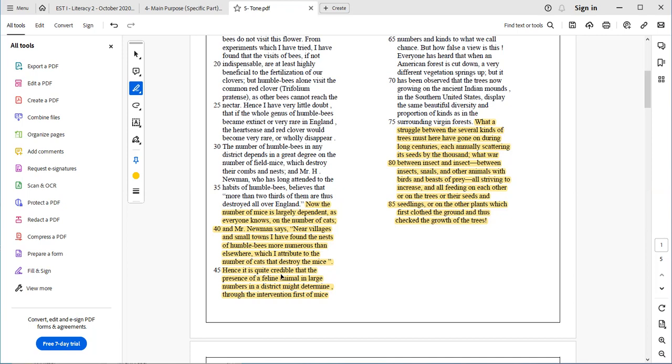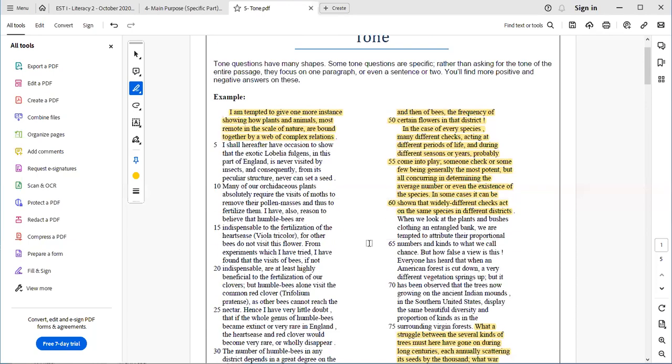Hence, it's quite credible that the presence of a feline animal, meaning the cats, in large number in a district might determine through the intervention first of mice and then of bees the frequency of certain flowers in that district. I think now he talked to scientists. He talked to scientists because that is not going to be fully understood.